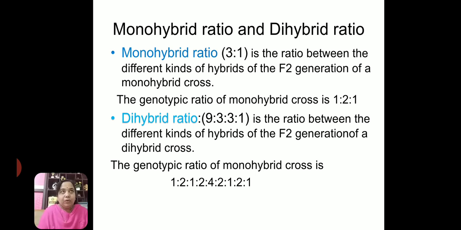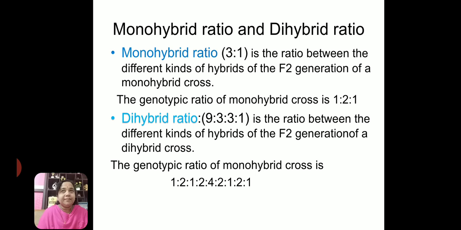We set up this ratio when two parents are crossed and raised into the F1 generation, and from the F1 generation we raise the next generation, which we call the F2 generation. The result we observe in the F2 generation, depicted in the form of a ratio, is called the monohybrid ratio.